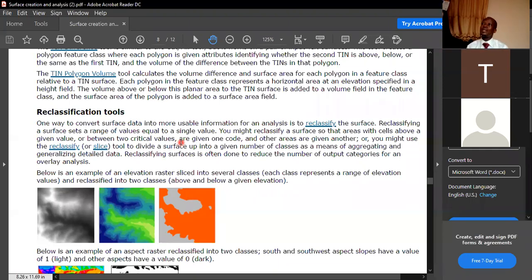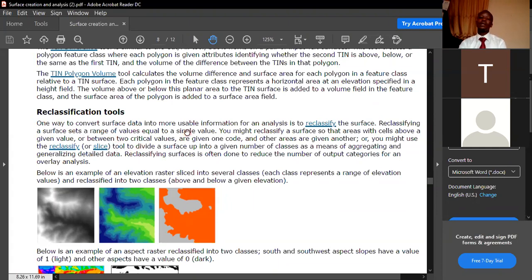So we already have classified. Once you have a raster data, you already have done some classification. That's what I want you to know. And that is the reason why we go straight away and talk about reclassification, because it means you've already classified, you're doing it again. So we are reclassifying.